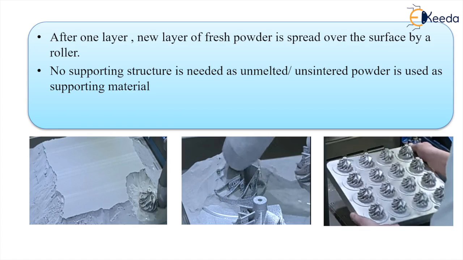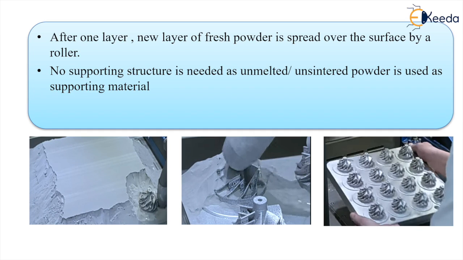After one layer, a new layer of fresh powder is spread over the surface by a roller. We will definitely see this process. No supporting structure is needed as unmelted or unsintered powder is used as a supporting material.